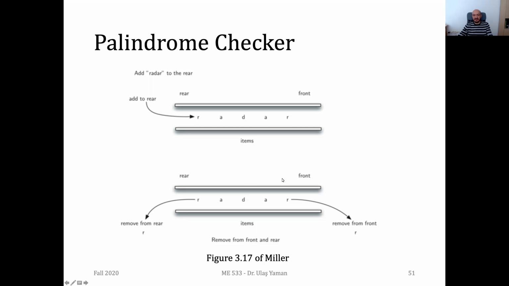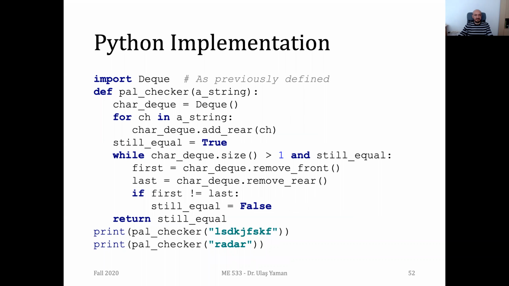But if there is no problem, if the letters are matching, you should continue until you are left with a single letter in your DAG data structure. In our case, we will just have the letter D, and at that point, we should stop and tell the user that this word is a palindrome.